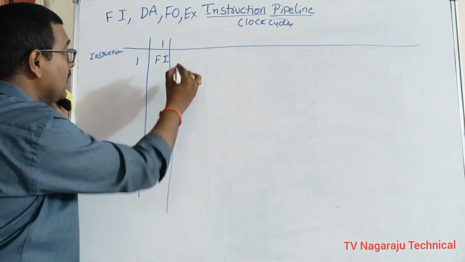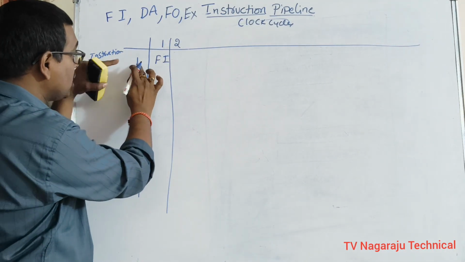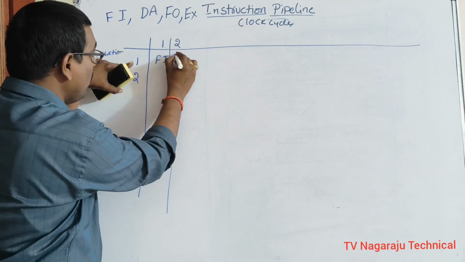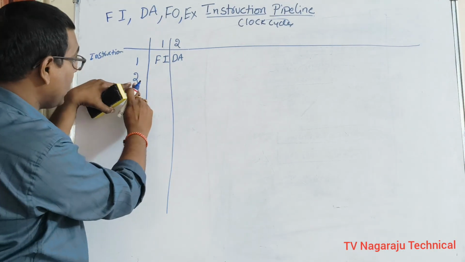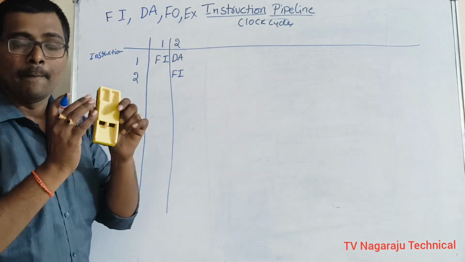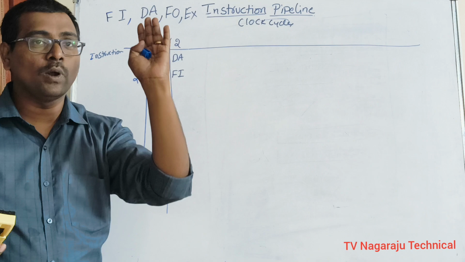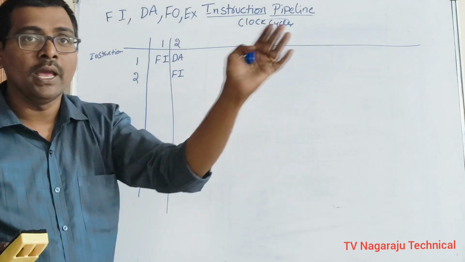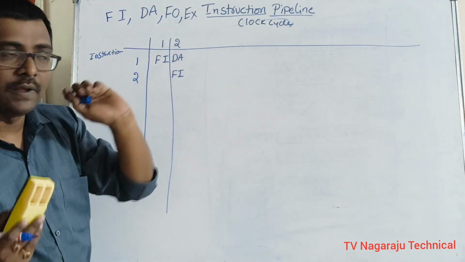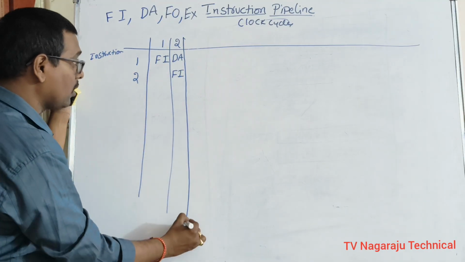Clear? Now, in the second clock cycle, what happened? Instruction 1 is moved into the next segment and instruction 2 enters the first segment. Got it? Pipeline means that after completion of one clock cycle, one instruction moves to the next segment, and a new instruction enters the previous segment. So this happened at clock cycle number 2.